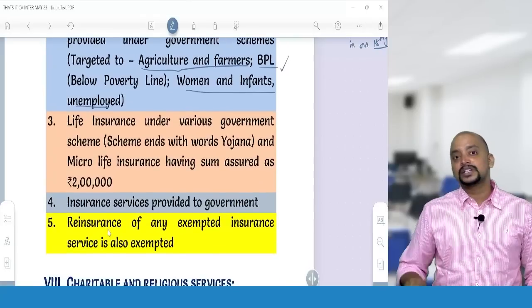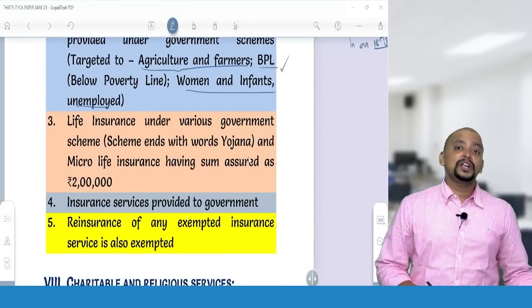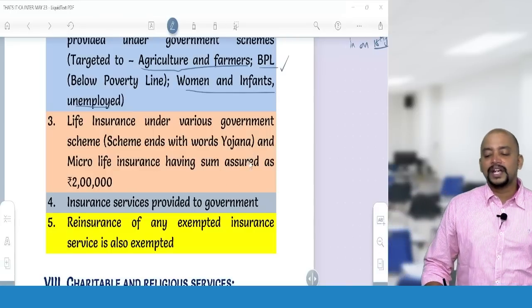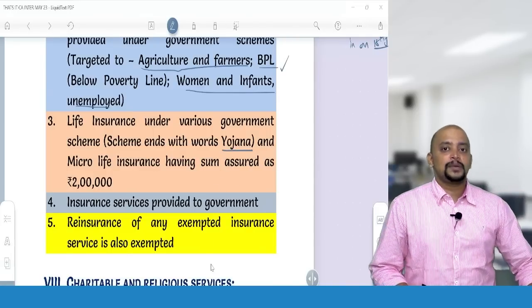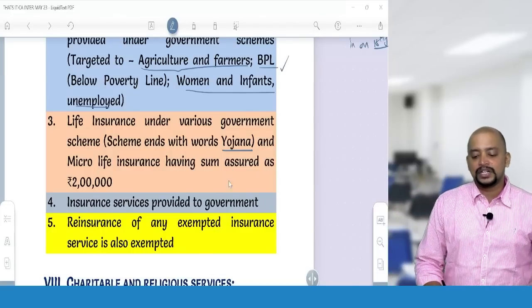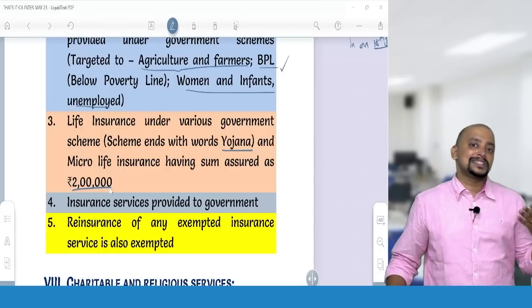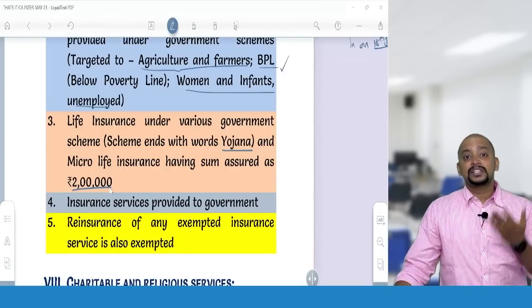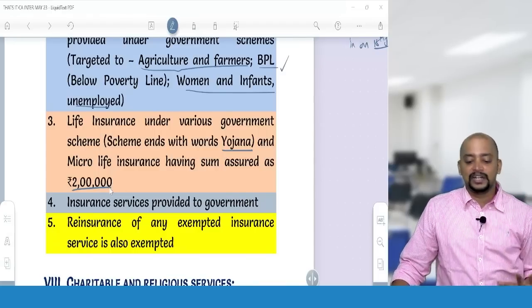Then there is an insurance company providing life insurance services under government notified schemes. How to find? Usually that scheme will end with the word Yojana, Pradhana Mantri Bima Yojana, Pradhana Mantri Suraksha Bima Yojana, etc. And micro life insurance having a sum assured of 2 lakhs, meaning not all micro life insurance is exempted, only where the sum assured does not exceed 2 lakhs. For that insurance, the premium collected will be exempted.